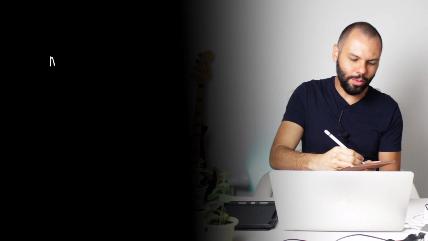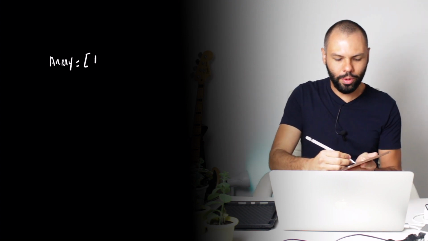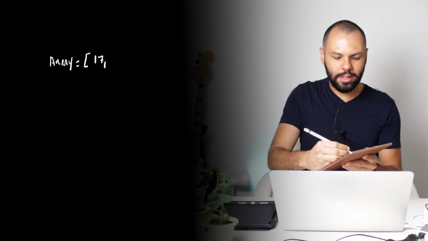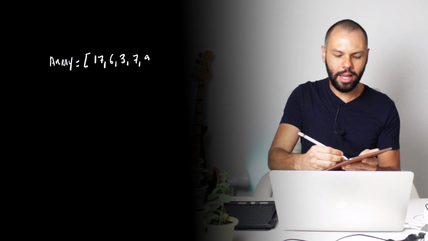Given an array, let's create a simple array. An array is just a collection of numbers, a collection of strings, a collection of something. In this case, I'm going to create a collection of numbers. The first number will be maybe 17, the second one 6, the third one 3, and then we have 7, 9 and 1.